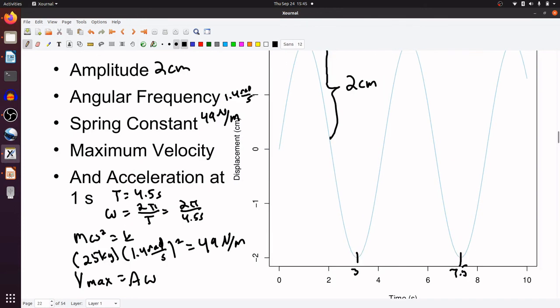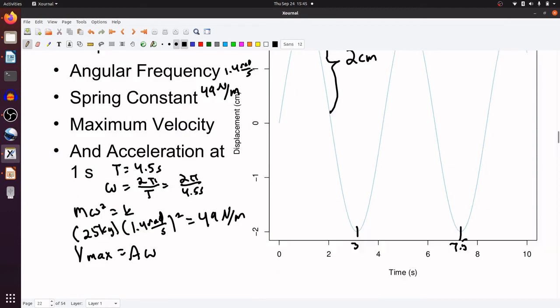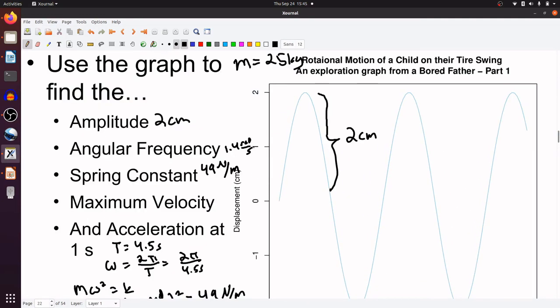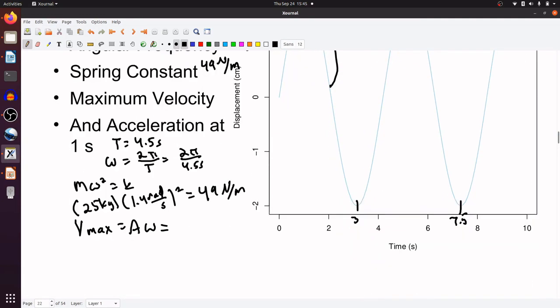This would have been hard if I didn't have it written out like that. So I could just go ahead and find my maximum velocity pretty easily. I take my amplitude, which we said was 2 centimeters, so I need to change it to meters: 0.02 meters, and then my angular frequency of 1.4.